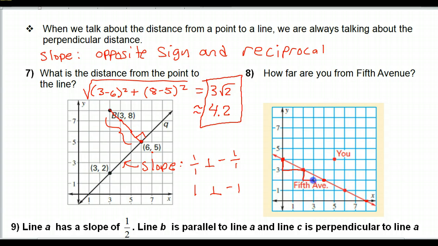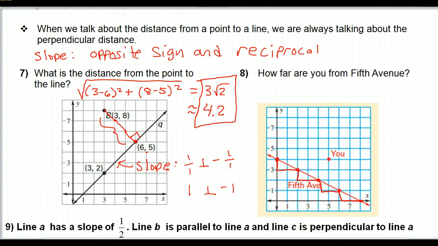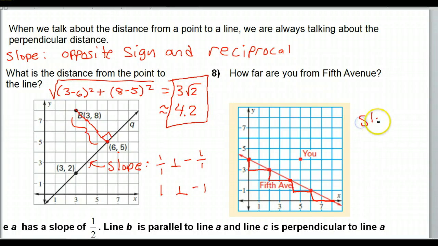That's negative 1, positive 2. Okay, so the slope, I'll put it over here. So the slope of the original line is negative 1 over positive 2.